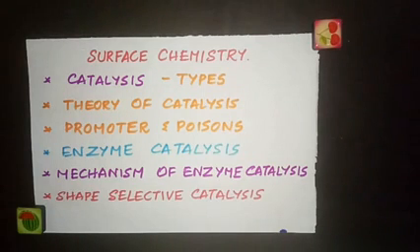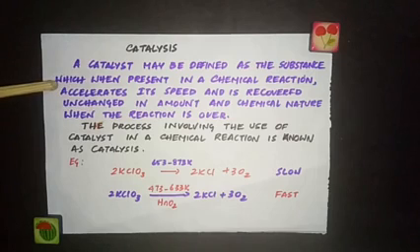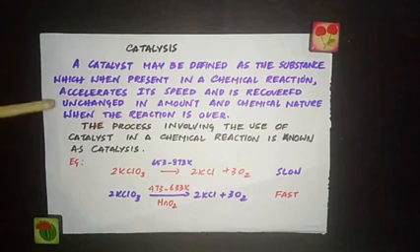We are quite familiar with the role of catalyst in different types of chemical processes. So let's first define what is a catalyst and then we will learn few of the characteristics of a catalyst. A catalyst may be defined as the substance which when present in a chemical reaction accelerates its speed and is recovered unchanged in amount and chemical nature when the reaction is over.